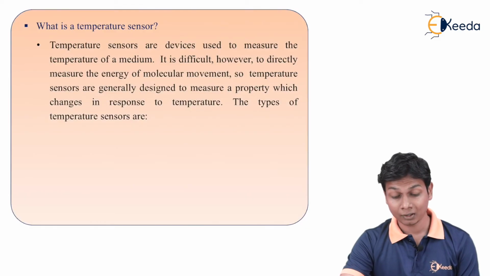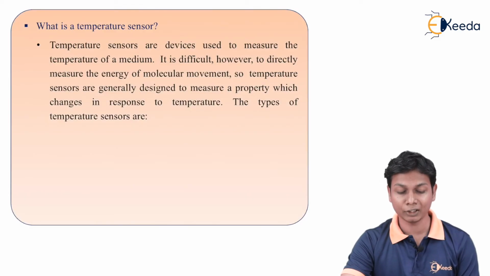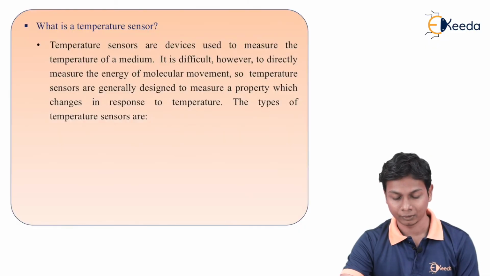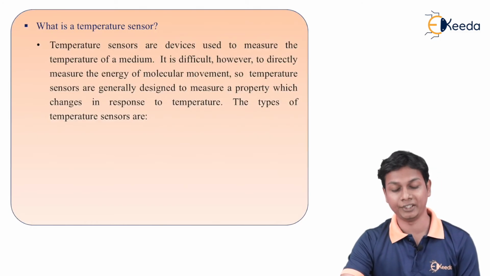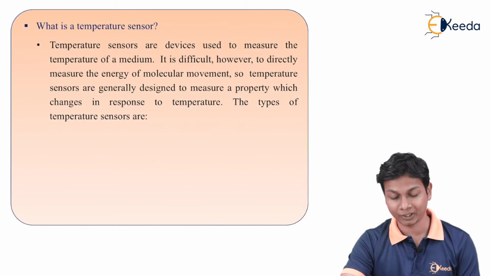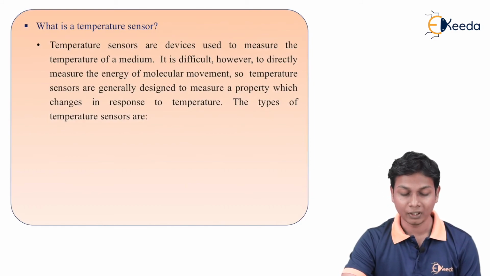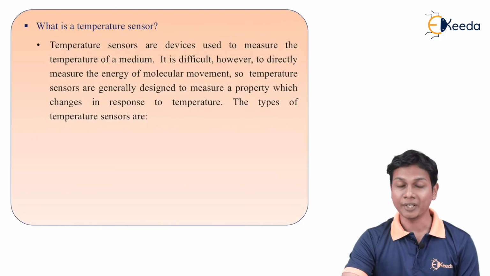It is difficult, however, to directly measure the energy of molecular movement. So temperature sensors are generally designed to measure a property that changes in response to temperature, depending on the type of temperature sensor. Means what?